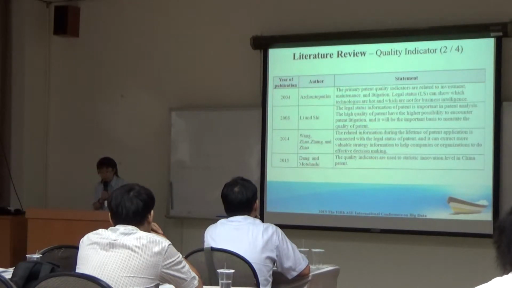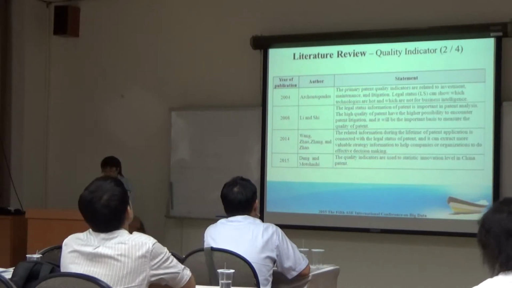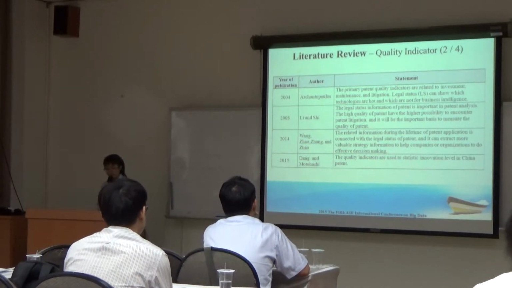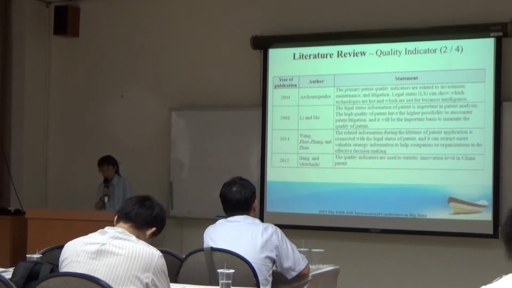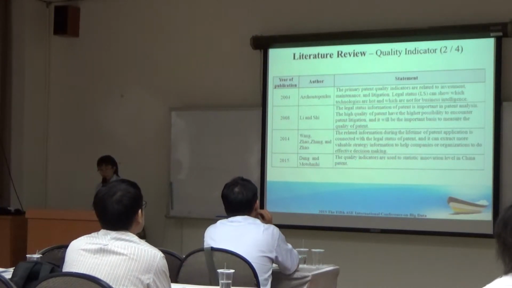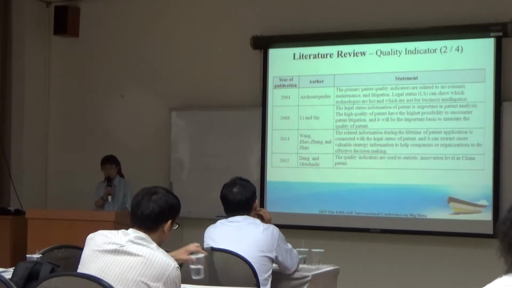Legal status information is important in patent analysis. A high-quality patent has a higher possibility of encountering patent litigation, and this is an important basis to measure the quality of a patent.